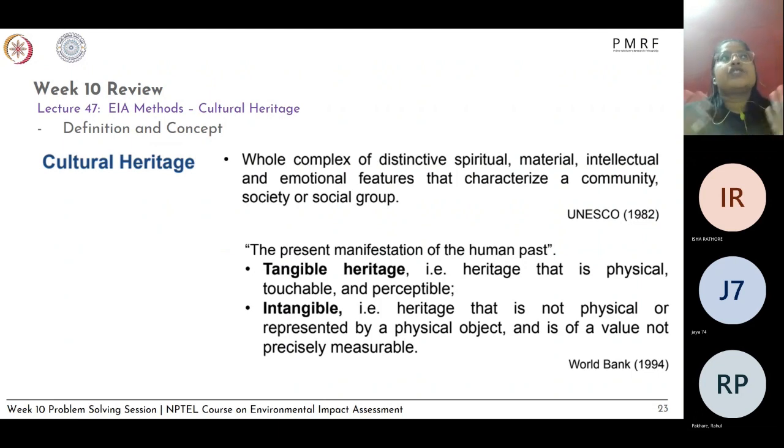Whereas intangible heritage is the sort of heritage which is not present in a physical form, but it is assigned a value. So things like stories which are passed on from one generation to another. Those are examples of intangible heritage.